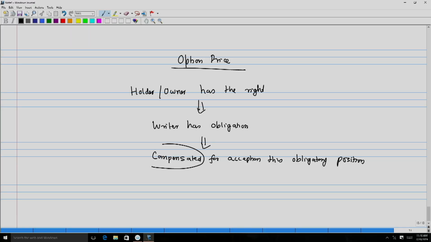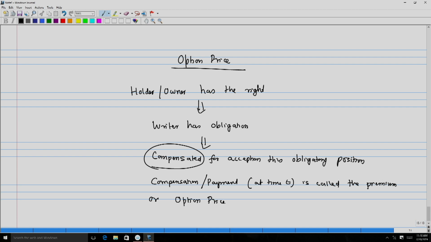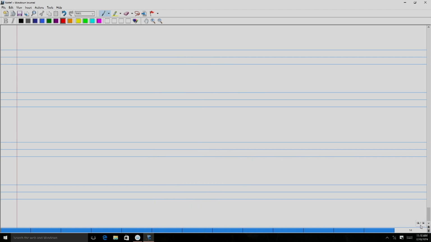This compensation, the payment made at time small t, is called the premium or option price. In the parlance of mathematical finance, option price is the term more commonly used. After receiving this compensation, party B basically writes the option.